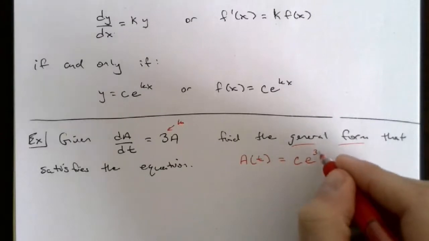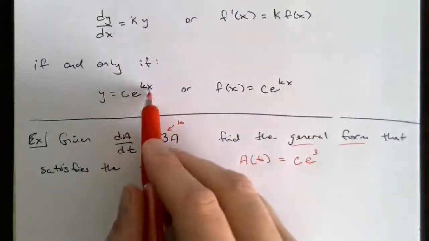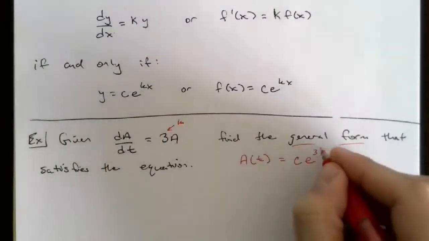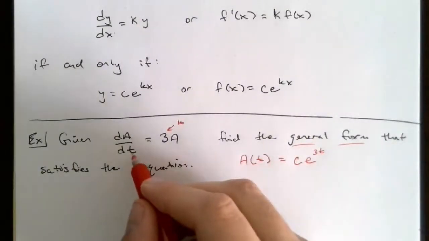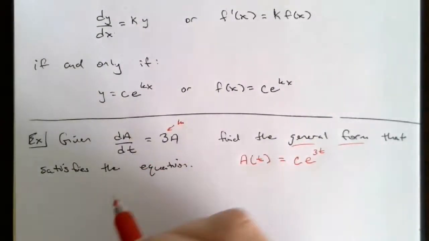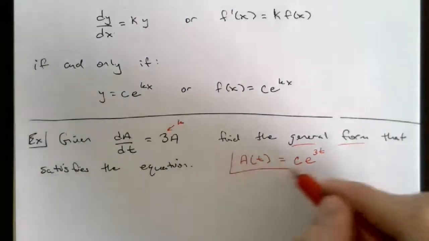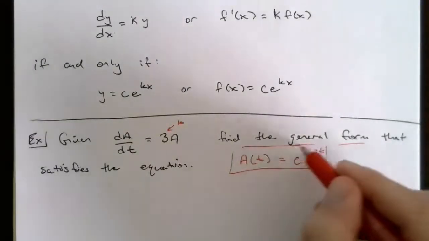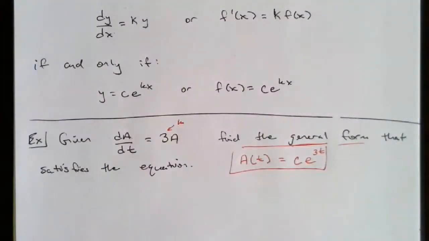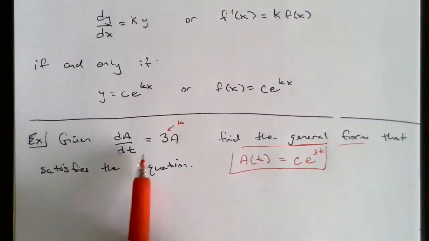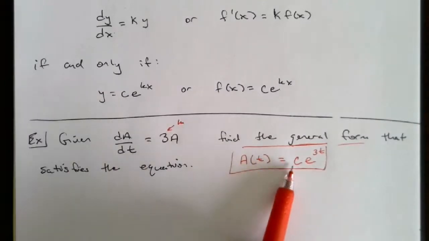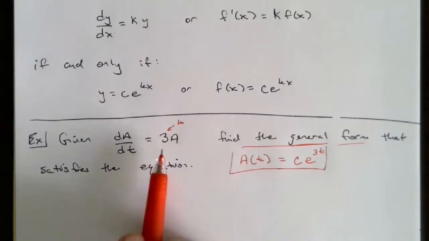And make sure you use not x, but t, because t was the variable we had. So this is y, this is x, so in this case it's a and t, just following the same form. So a of t equals c times e to the 3t power is the general form of the equation that satisfies this differential equation. In other words, if I took the derivative of this, it would be equal to that.